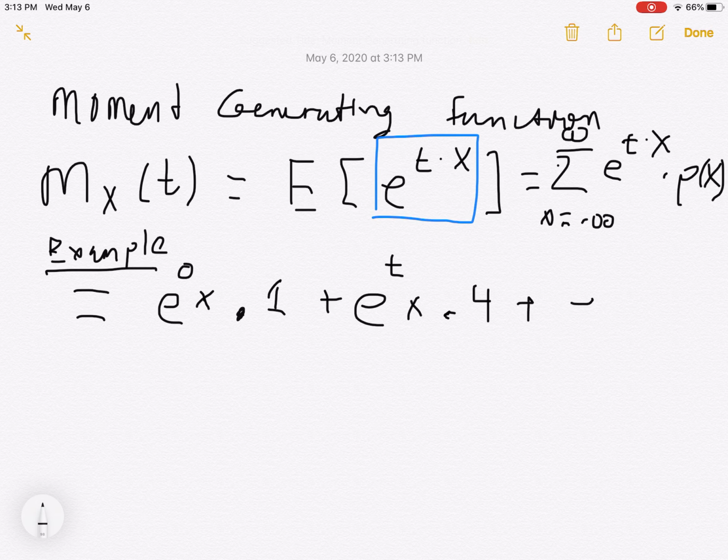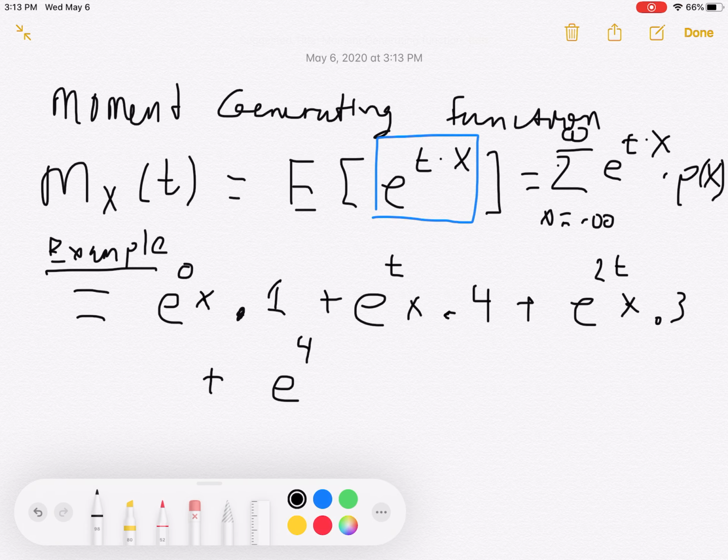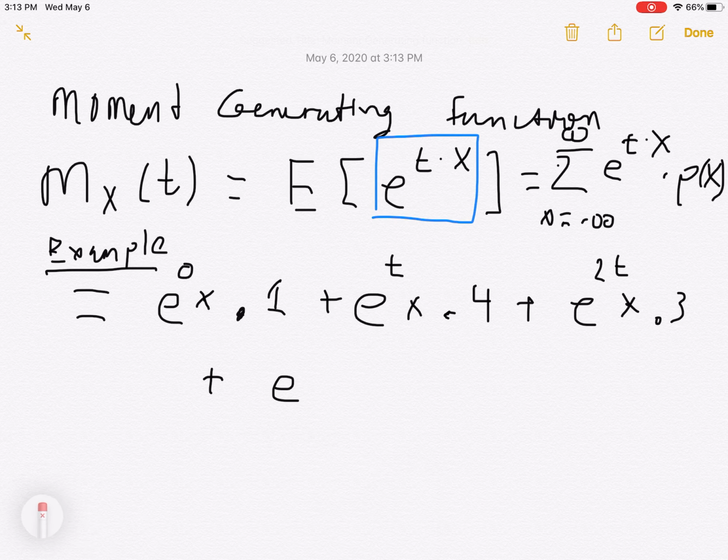Plus e to the tx, x is 2, so e to the 2t times 0.3, plus e to the tx, and the next value is 3, so e to the 3t times 0.2.